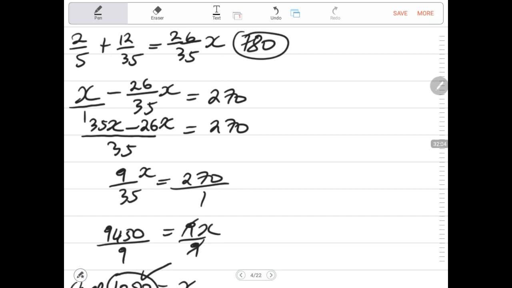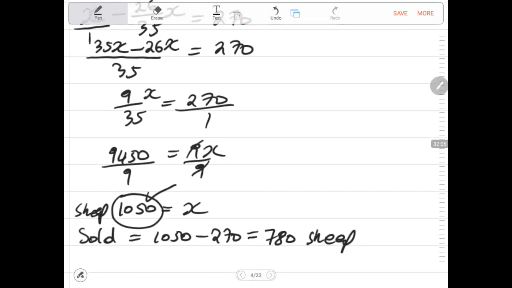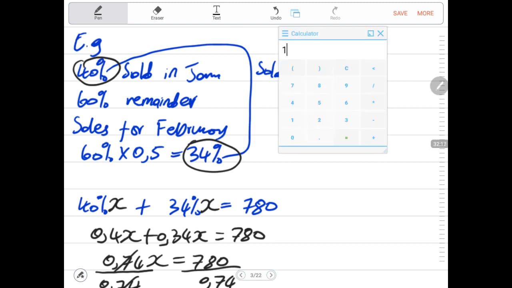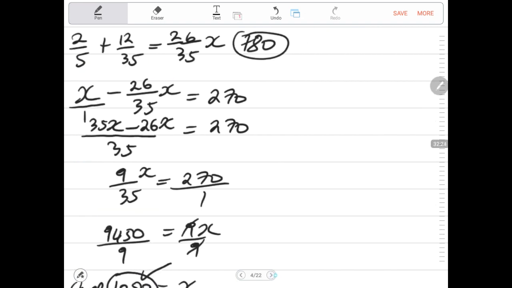Now, I think we had another percentage that I want to link with the one that we have. If we sold 74%, then the remainder will be what percentage? If we sold 74, that means 100 minus 74, so the remainder will be 26.